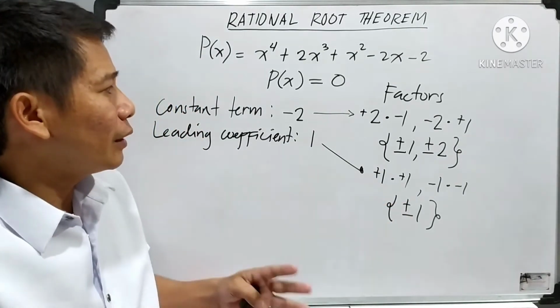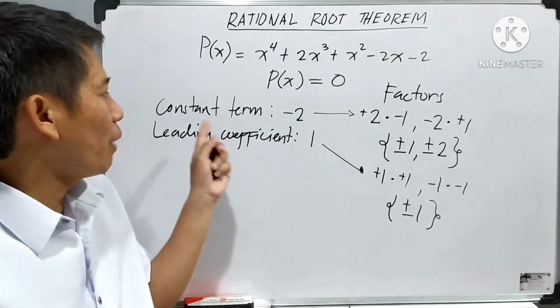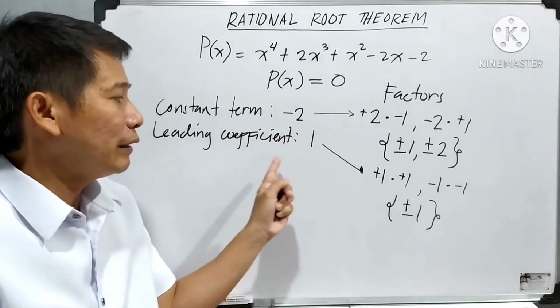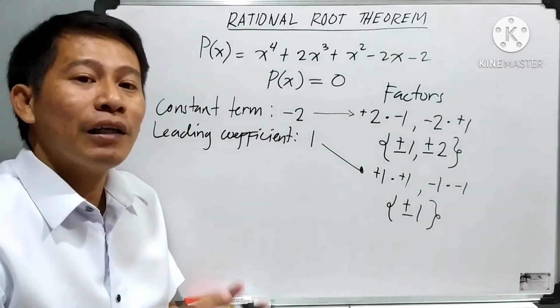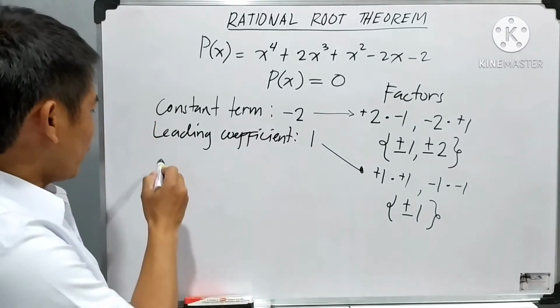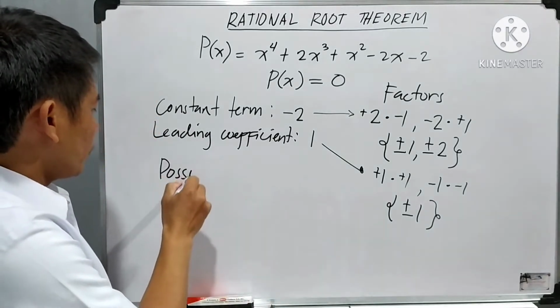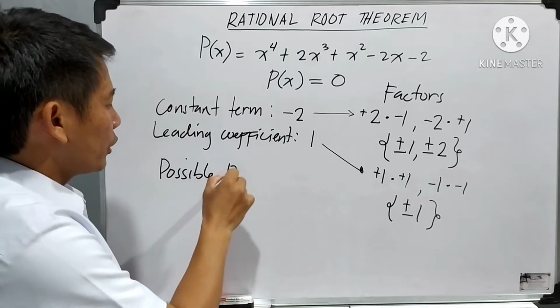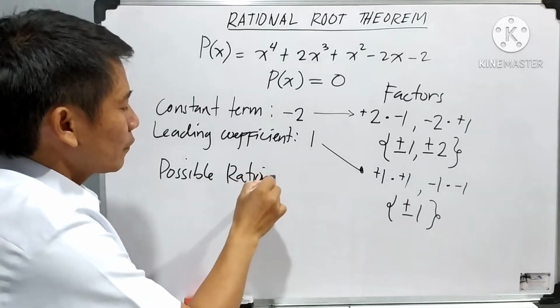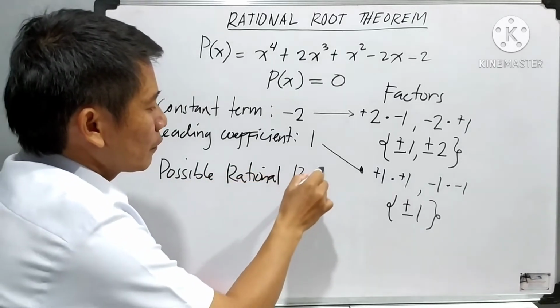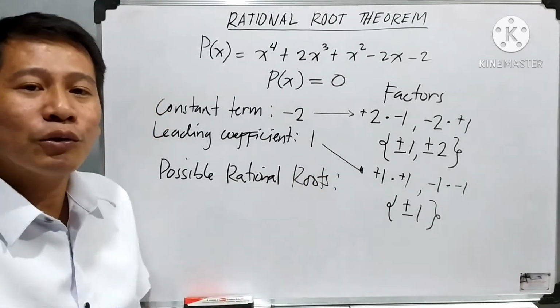Now, after determining these factors of our constant term and the leading coefficient, we will now list the possible rational roots. And how are we going to do that?